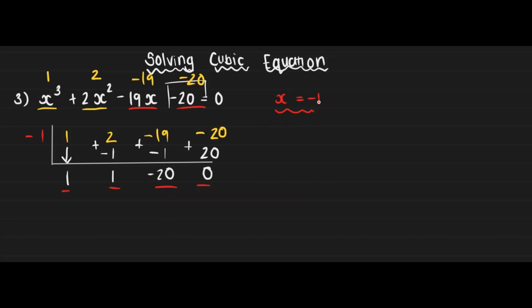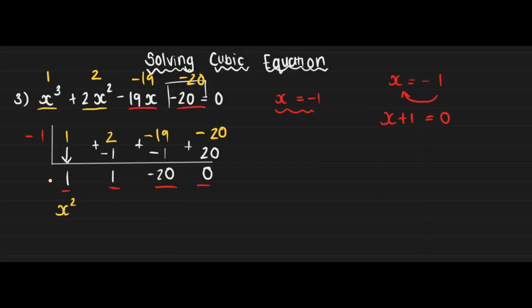You're going to take this negative 1 to the other side, so this side becomes 0. Since we have x is equal to negative 1, when you take it to the other side, since it's negative, it becomes positive. So it's going to be x plus 1 is equal to 0. This is our first bracket. And now we need to figure out this one. Always, this one stands for x squared.